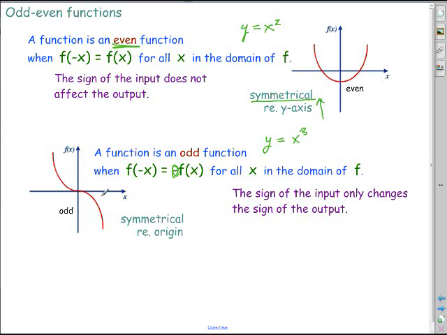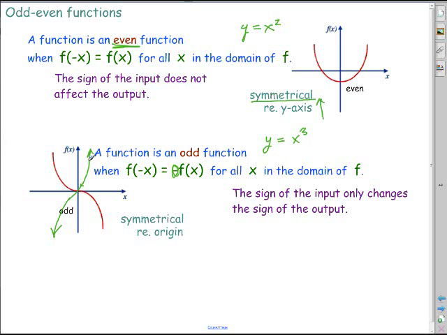The one I'm talking about actually looks like this rather than what I've diagrammed here. If I put in a 1, I get out a 1. If I put in a negative 1, I get out a negative 1. If I put in 2, I get 8.